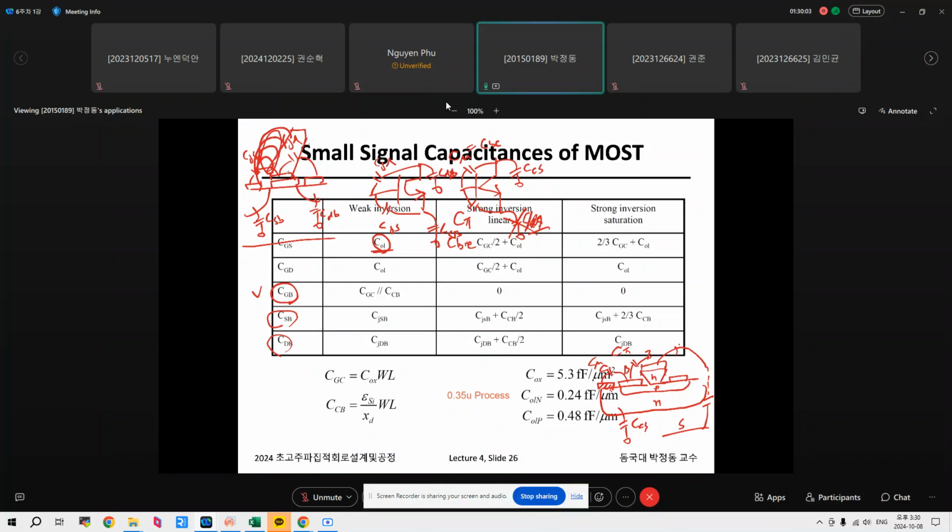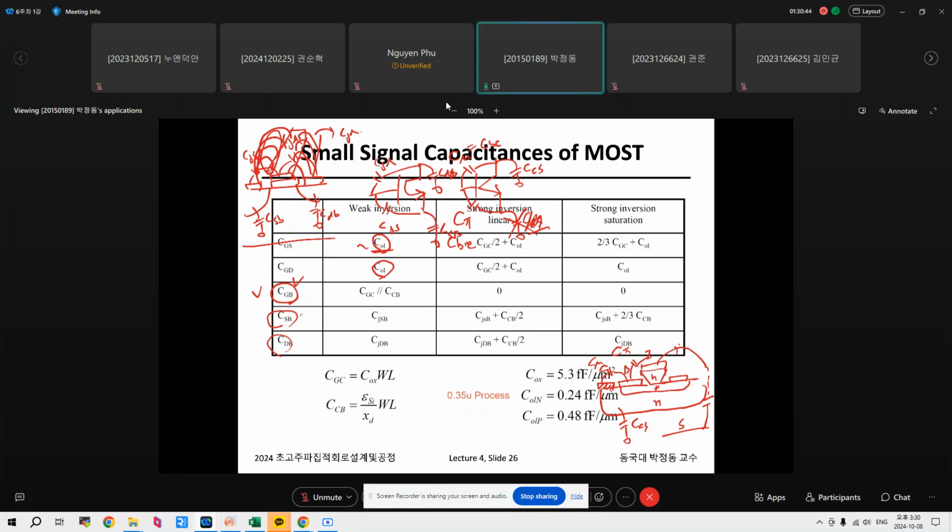Same for CGD as well. In modern technology, this overlap is mostly stray cap, so I just express this stray cap as a COL. Let's skip CGB first, because this is not that important.